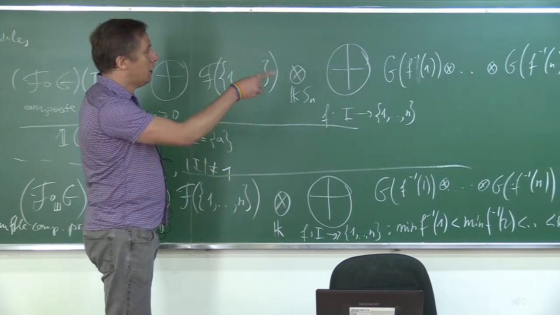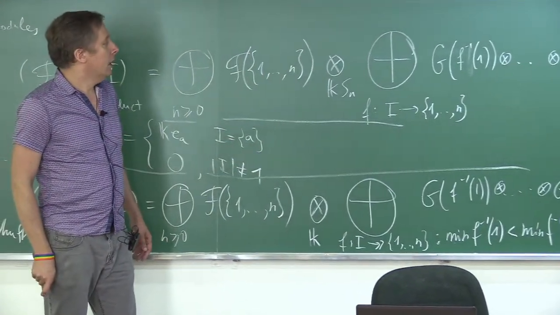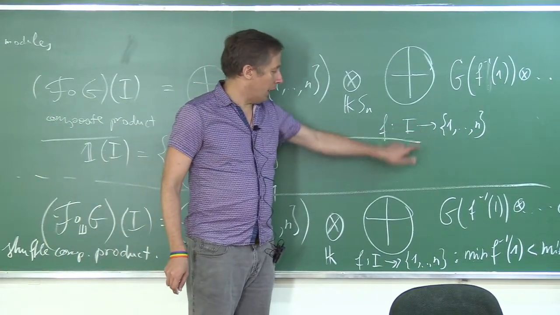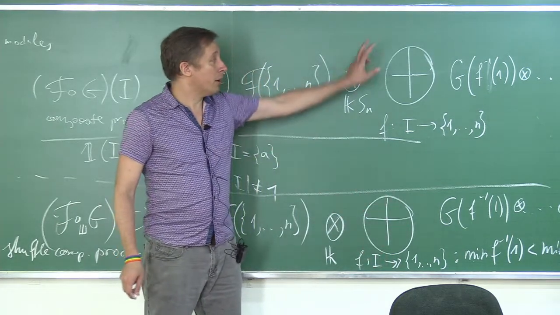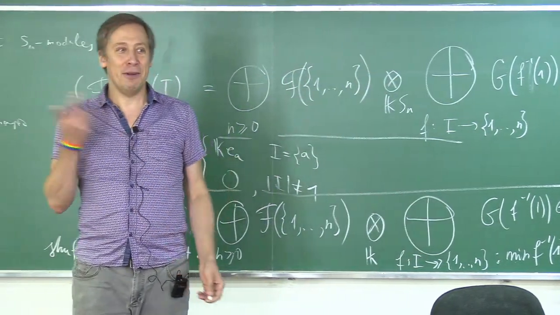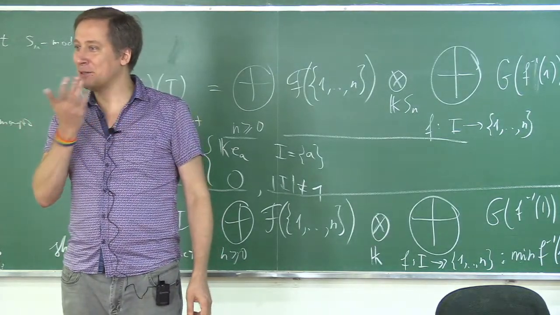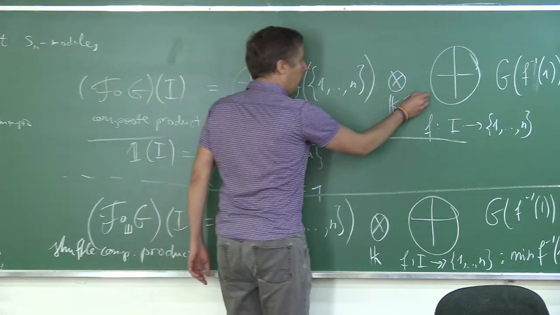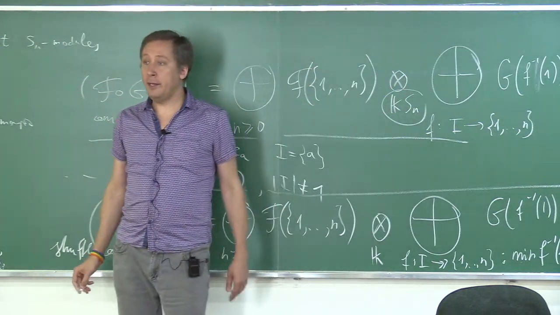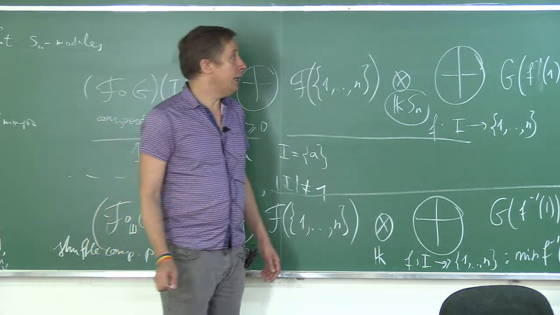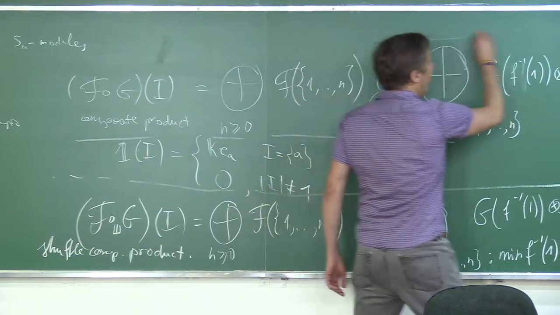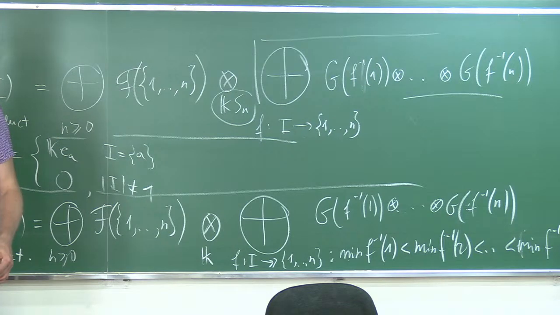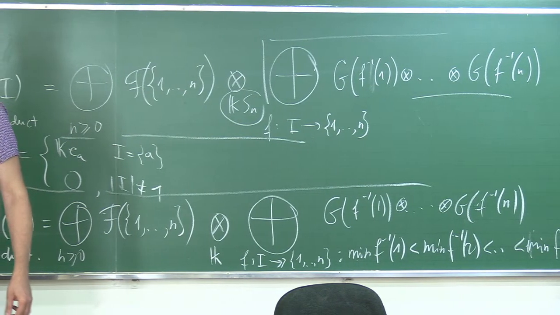So first of all, because G is reduced, this means that you can focus on not all maps but all surjective maps. Because for maps which are not surjective, one of the pre-images will be empty, and so the corresponding term will be absent. Additionally, we want to remove the symmetric group here. For that, you see that this huge direct sum, if the species is reduced, is a free module over the symmetric group permuting the factors.